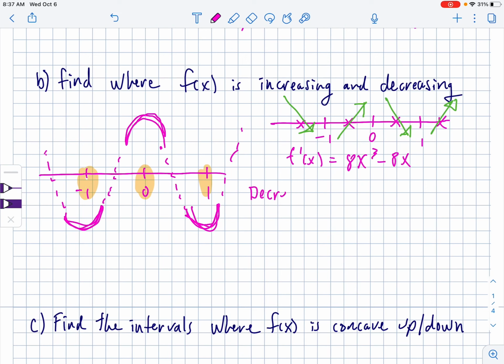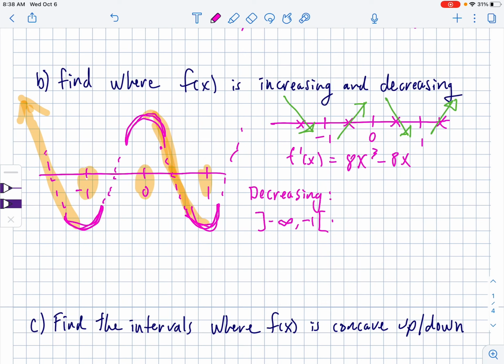Gosh, do we have to use the IB notation? Yeah, probably. Okay, so for decreasing, where it's going downhill, that would be this section where it's going off to infinity. And then it happens again in this section from 0 to 1.